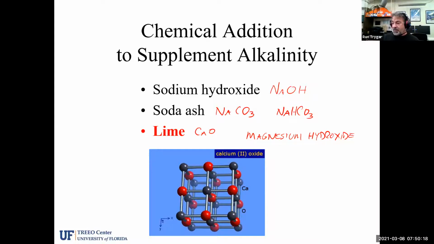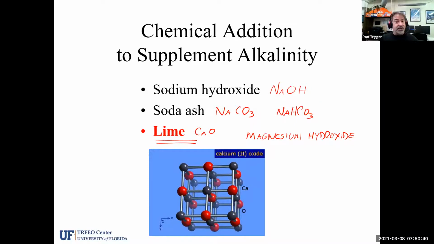I'd say that lime is by far the biggest bang for your buck. You're going to get the most available alkalinity, but it's a little bit messier to handle in some cases, to prepare into a slurry and then pump into the plant, whereas sodium hydroxide or caustic soda can be purchased as a liquid already and pumped in a little bit more efficiently.